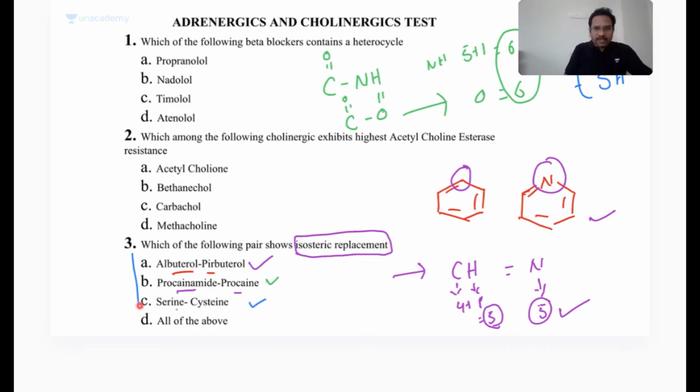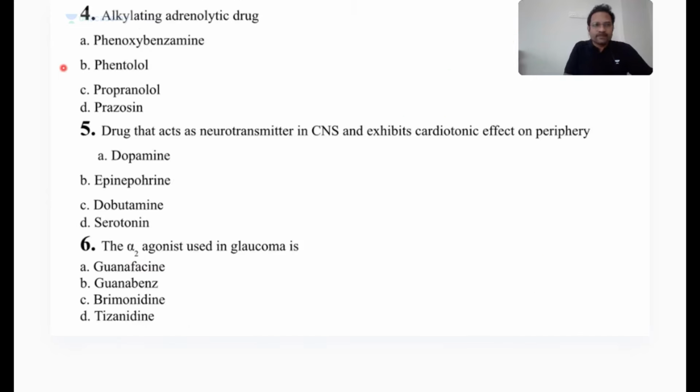So all the three pairs show isosteric replacement, hence option D is the correct answer. At the max in medicinal chemistry, you will expect this kind of questions. Either they will check for heterocyclic rings, or they will test your knowledge in structure-activity relationship, or on concepts like isosteric replacement. Okay, let us move to the next one.